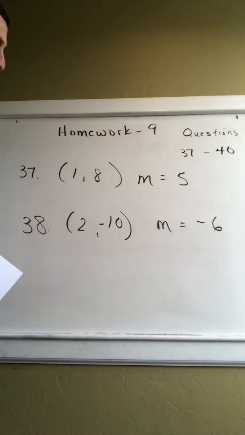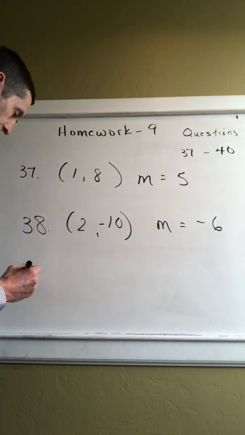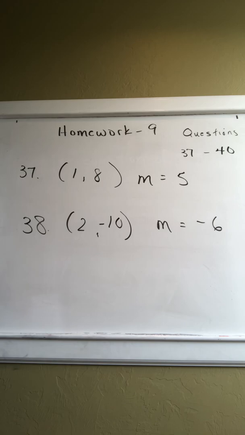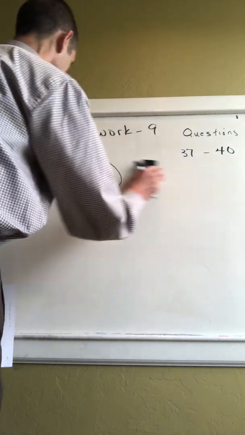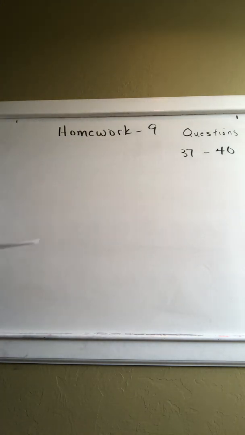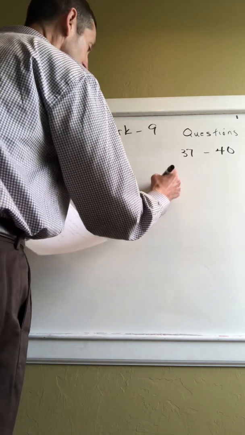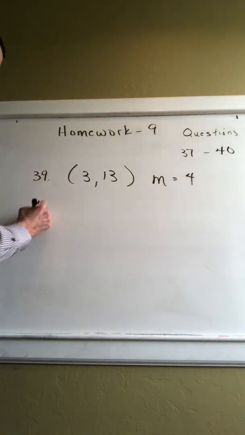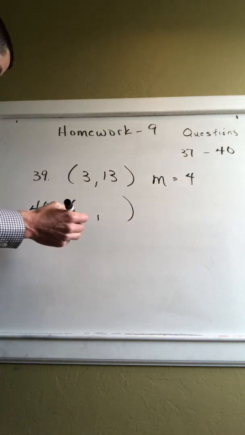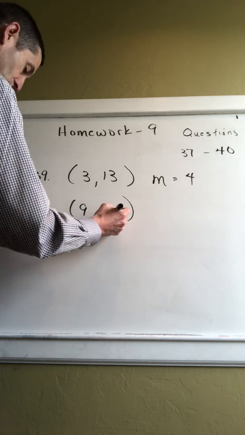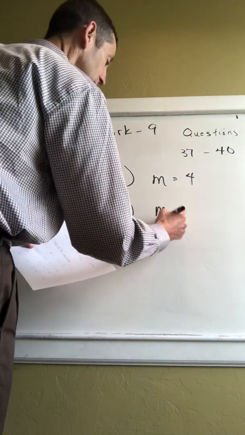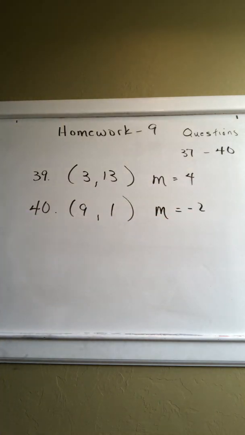Here's 37 and 38. Let's just erase both those and get 39 and 40 on there. So here comes 39, (3, 13), slope equals 4, and let's do 40. That's (9, 1), and m equals -2.